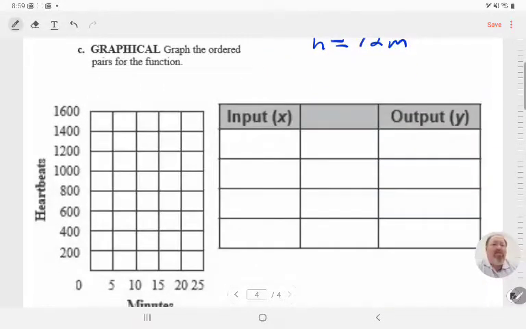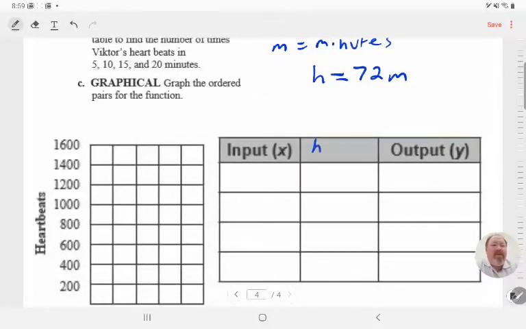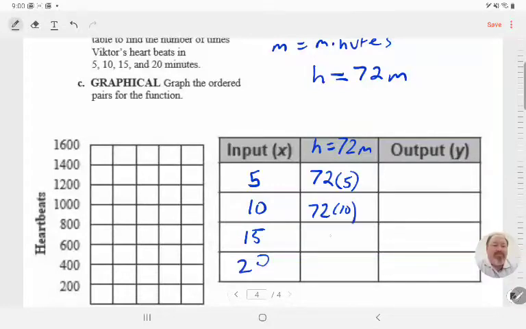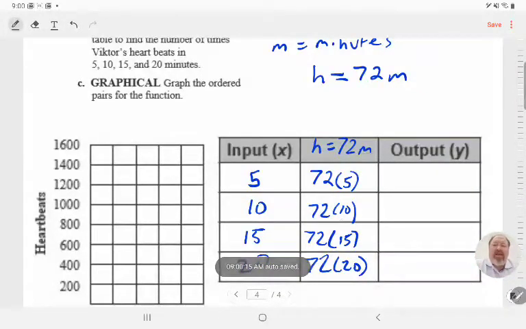I can put my rule in here. H equals 72M. Then I know they give me my inputs. So 5, 10, 15, 20. I then apply that to the rule. So 72 times 5, 72 times 10, 72 times 15, and 72 times 20. Okay? Then I can get my output.